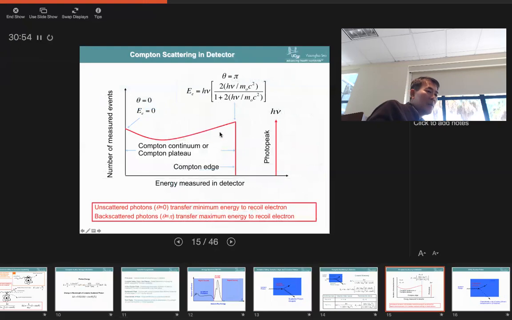So because of that, we have this Compton scattering related spectral component in the energy spectrum, because the detector is measuring the energy of the incident photon, but that energy is not sufficient because the Compton scattered photon escaped from the detector.